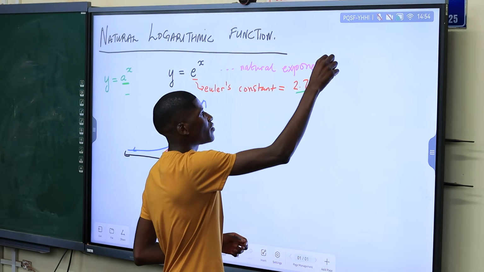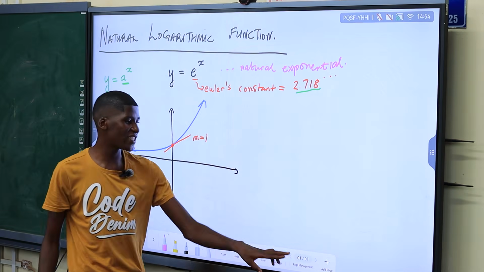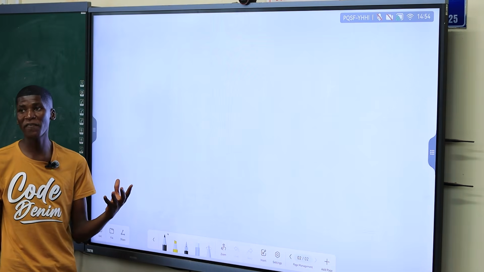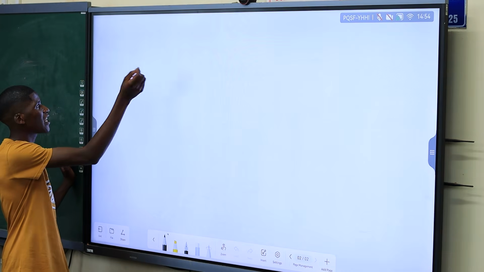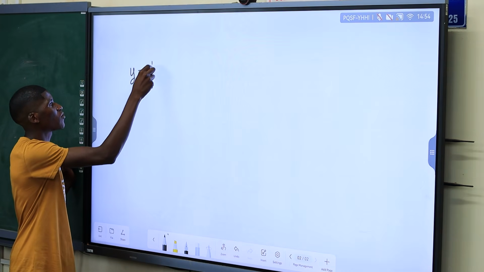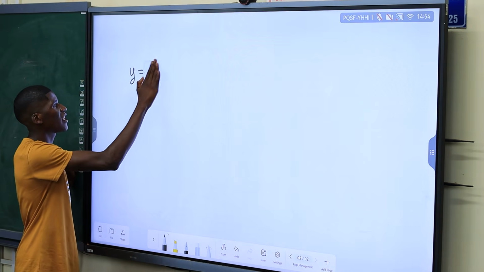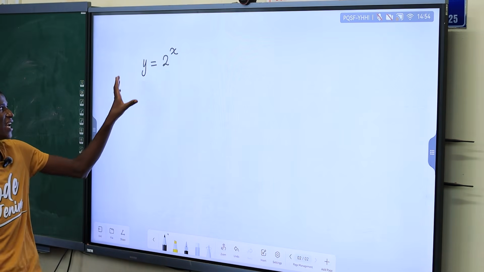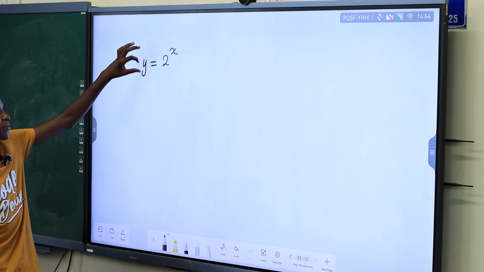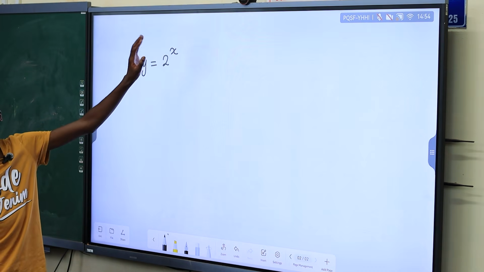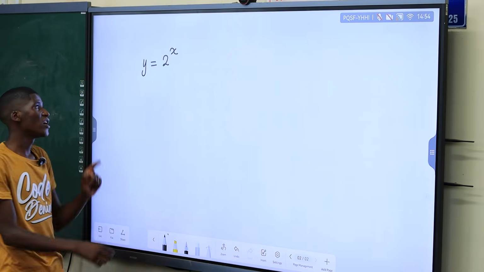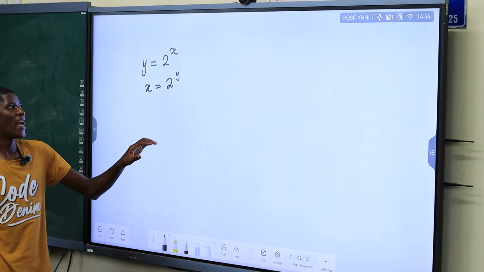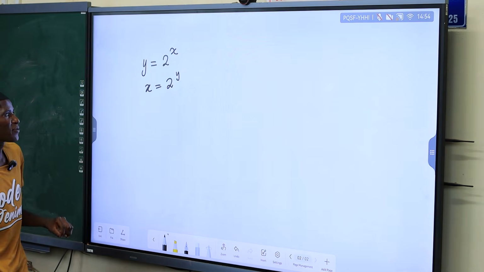So remember, we say each and every exponential function has an inverse, which is a logarithmic function. Let's just say we've got an exponential function y is equal to 2 to the power x. To find the inverse, we interchange x and y. So that is going to be x is equal to 2 to the power of y. And then you make y the subject of the formula.